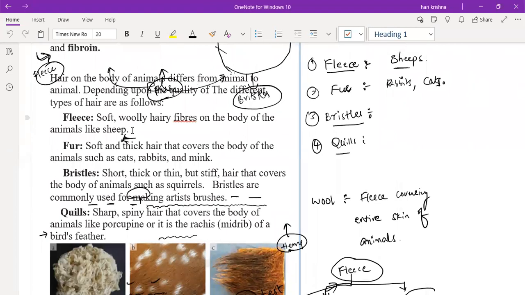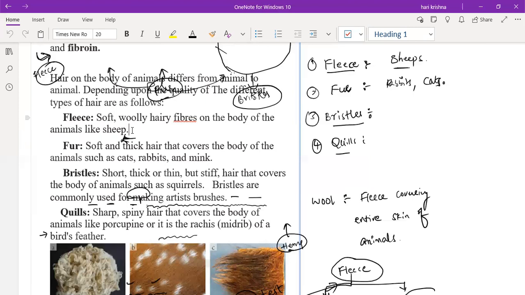We cannot use them in the preparation of textiles or carpets. We can use those feathers, but not for this purpose.